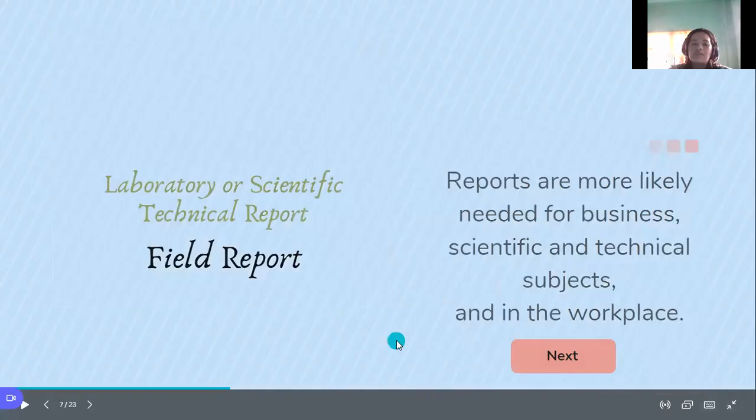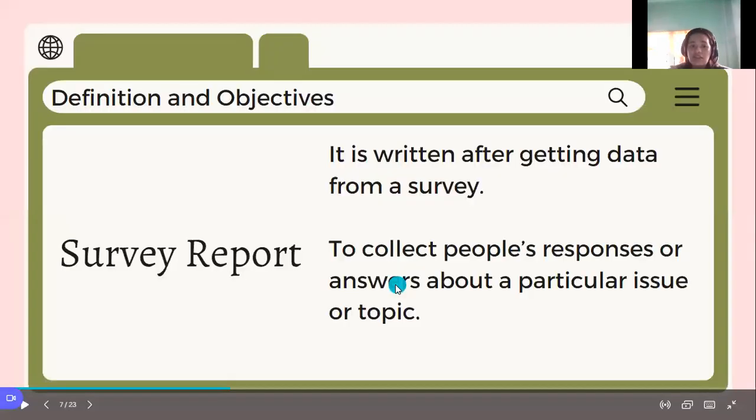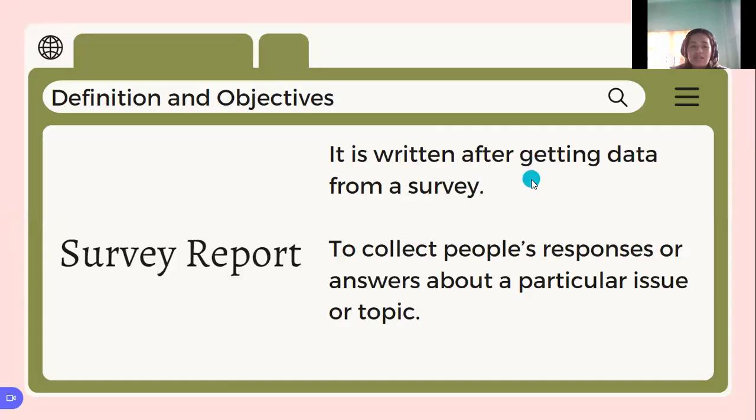are the following. A survey report is written after getting data from a survey. That means that usually they ask questions from people. They ask questions such as personal information, name, but name should always be optional, and then age, educational background.